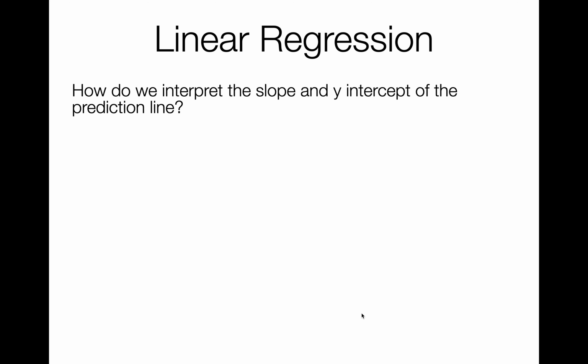Well, there's a couple things that we can do. The first thing that we can do, which is something that you've done before when you've looked at equations like this, is we can interpret the slope and the y-intercept of the prediction line.